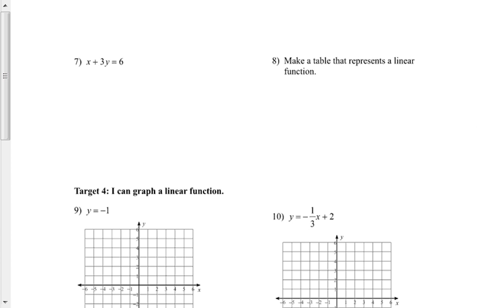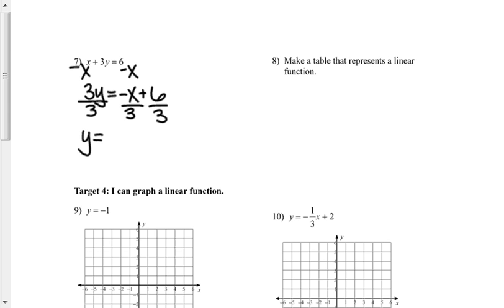Okay, so still talking about rate of change as we go onto the back on number 7. Rate of change from an equation, we would have to have this in slope-intercept form, which would be y equals form. So to get this into y equals form, I'm just going to start doing some adjustments to the equation, starting by subtracting the x over, and now I'm going to divide everything by 3.